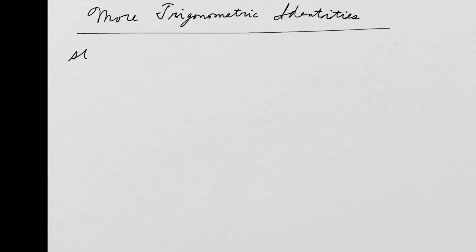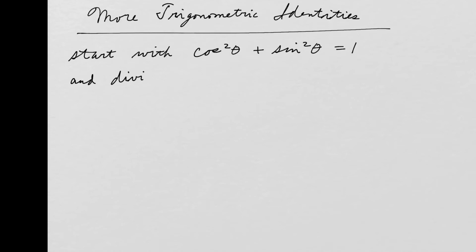So we're going to start with cosine squared of theta plus sine squared of theta is equal to 1, right? That's the Pythagorean identity. And let's divide both sides by, let's say, cosine squared of theta.